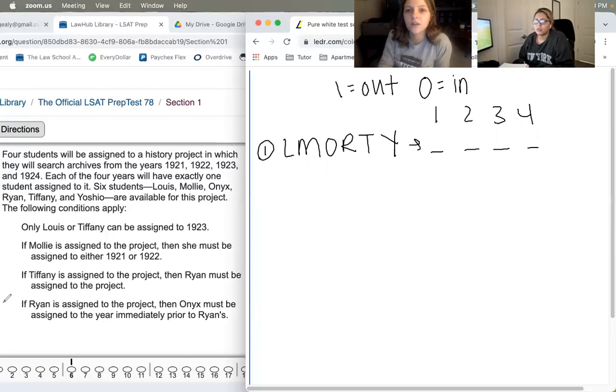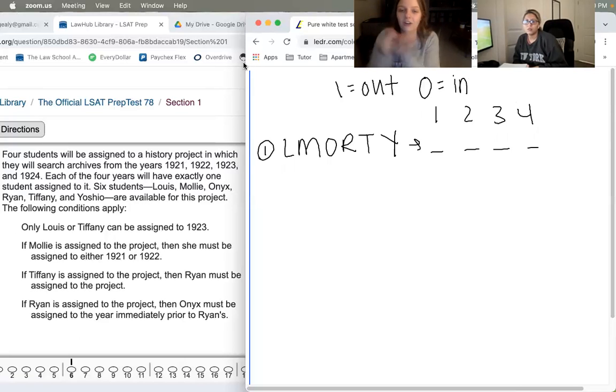Wait, so the numbers at the top, 1, 2, 3, 4, are those supposed to be like the 1921, 1922, 1923, 1924? Yeah. So rather than writing out 1921, 1922, 1923, the first 3 digits of that year are the same regardless, so I've just shortened it to 1, 2, 3, 4. We don't necessarily need to write the first 3 digits because they're the same in all of the years.